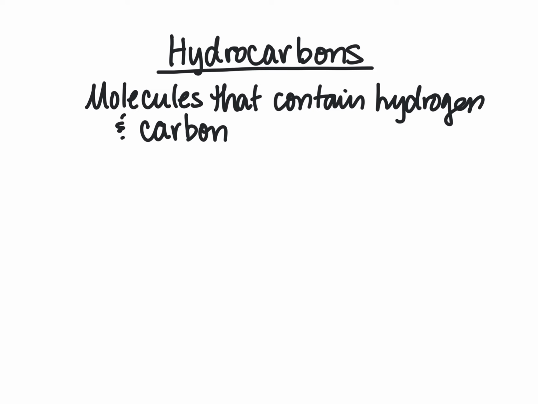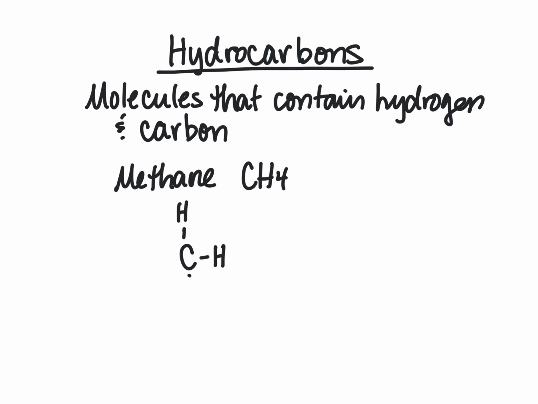So the name tells you what it is, right? A hydrocarbon has hydrogen and carbon. And the simplest hydrocarbon would be methane. Methane has a molecular formula of CH4, and it just consists of a carbon atom bonded to 4 hydrogen atoms.